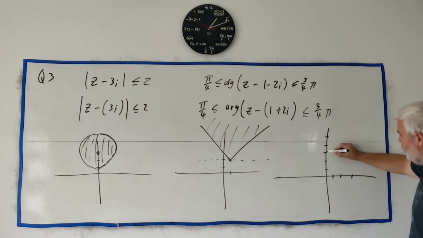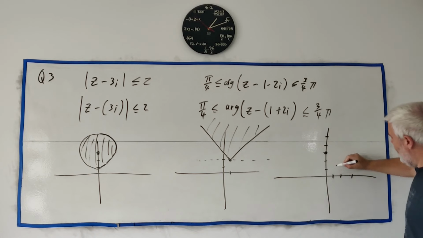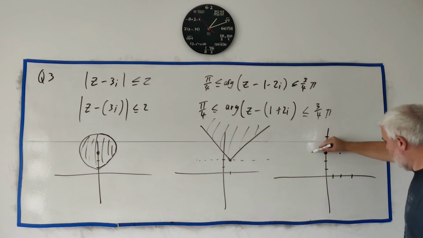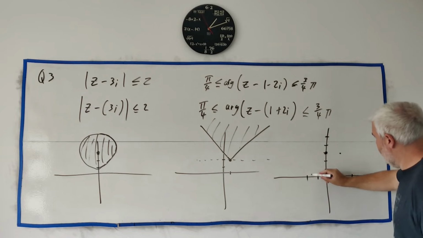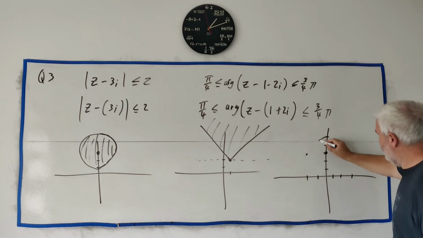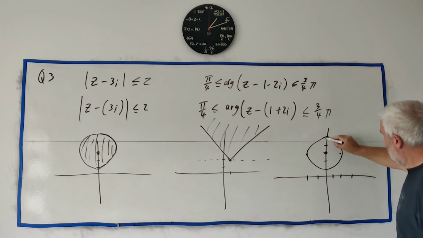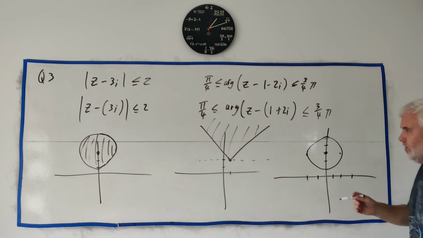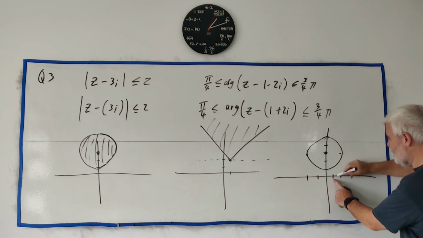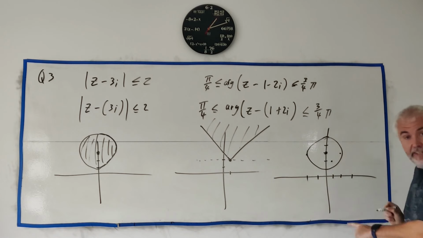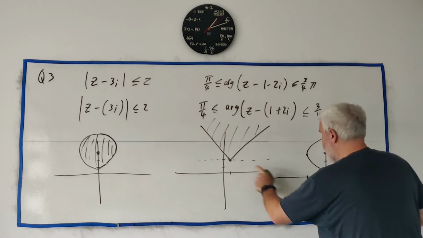The first one was the circle. It was at this point, and it went between, I guess I need another 1, 2 out here. It went between all of these. So, bad drawing of a circle, but still. I need to be careful because this guy is in fact in there. 1, 2.